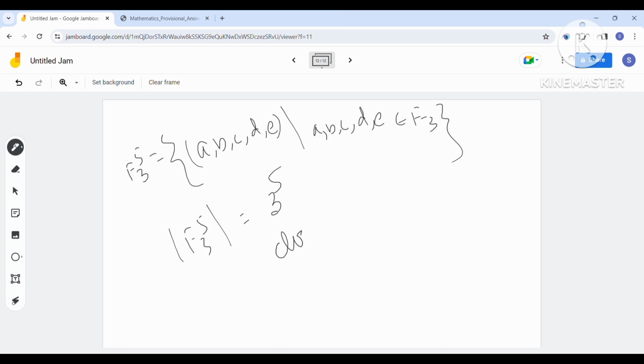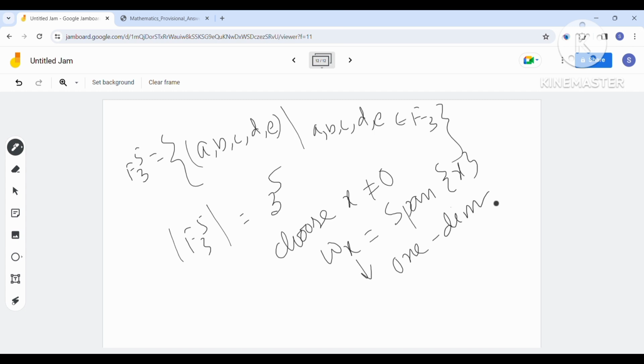Now choose any x not equal to 0, any vector x, and take the span of that vector. That is basically one-dimensional, right? And any one-dimensional subspace is basically spanned by a single vector. Now you can observe that span of x is the same as span of 2x. It means the span of x and the span of 2x are basically the same.